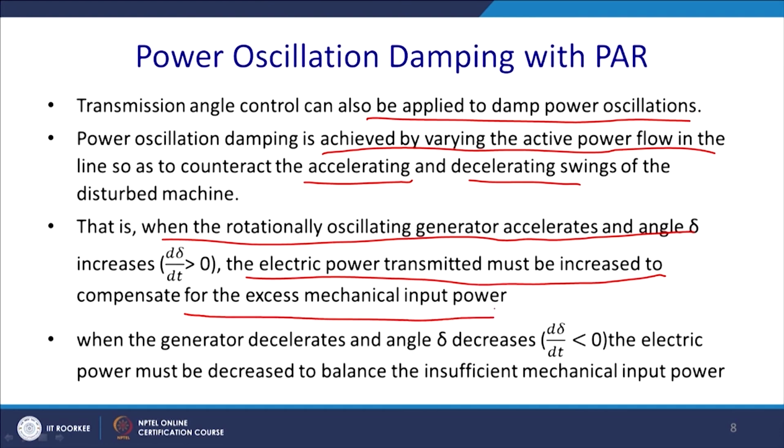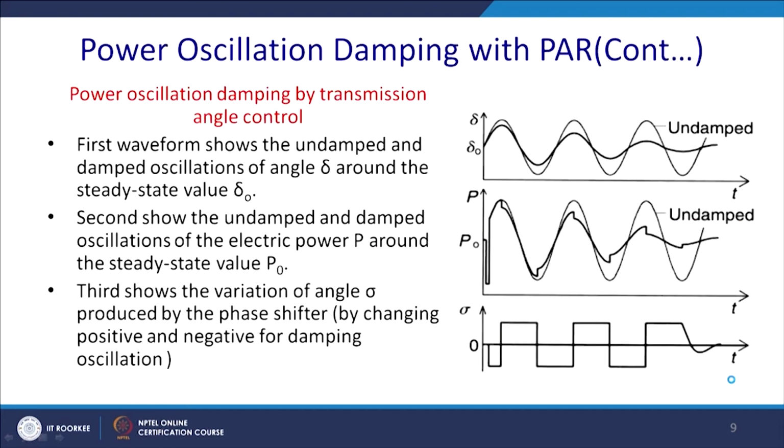When the generator decelerates, the angle decreases and the electric power must be decreased to balance the insufficient mechanical input power. So, this is the case. Now, this is basically the uncompensated delta, and with this damping ultimately this waveform becomes this compensated delta.